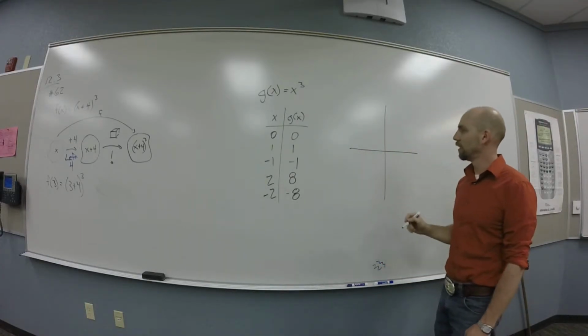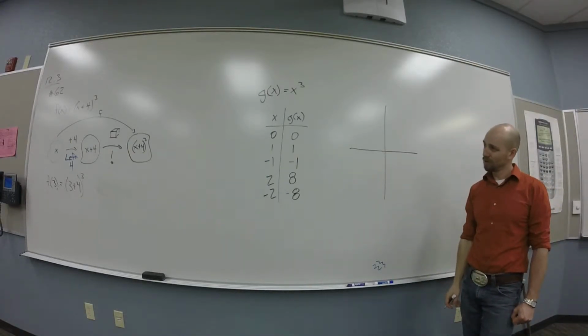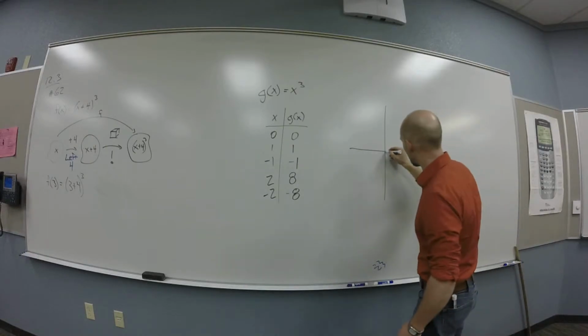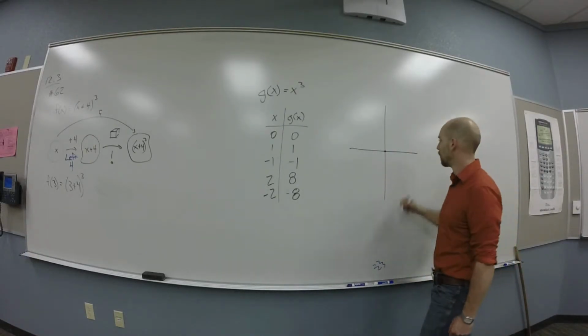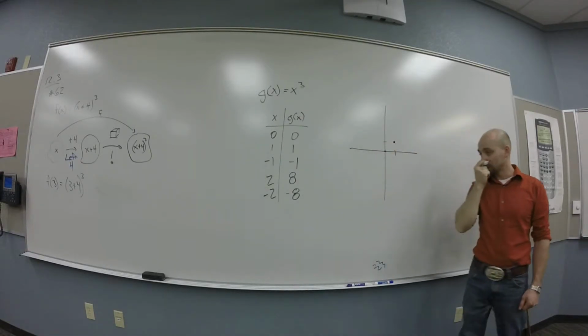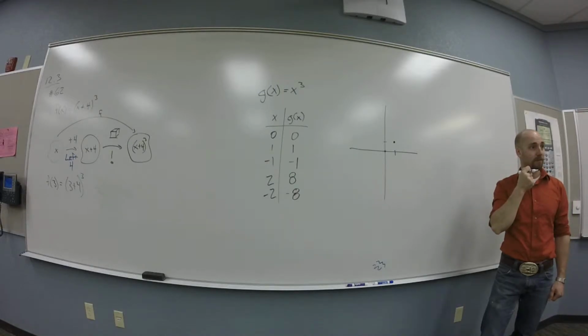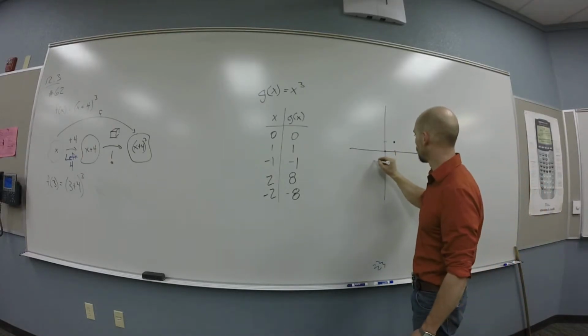Okay, so let's see. Suppose I should put some dots, right? So where's your first dot go? 0, 0. Okay, where's your next dot? 1, 1. Okay, so I need to go over 1, up 1. Where's my next dot? Negative 1, negative 1. How do I get there? Down 1 and to the left 1.